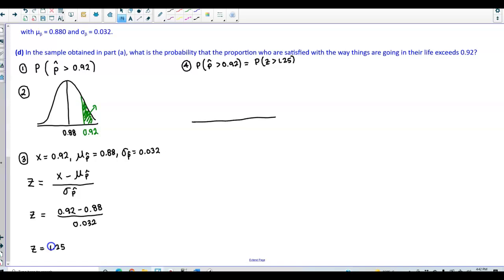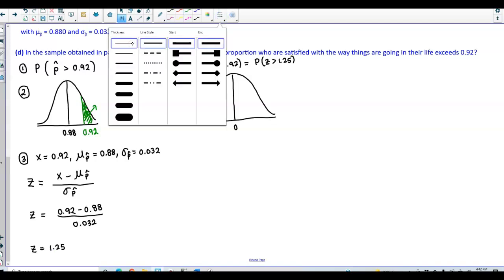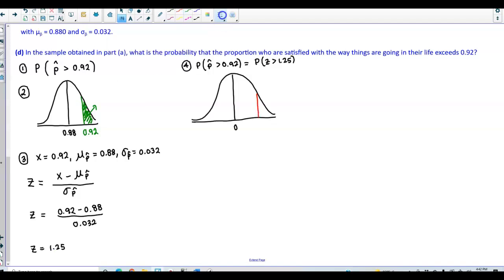So drawing our picture, for the standard normal distribution, we know that we have 0 as the mean. And we want to find the area that's to the right of 1.25, which means that we need to find the area that's to the left of 1.25 if we're using the table.